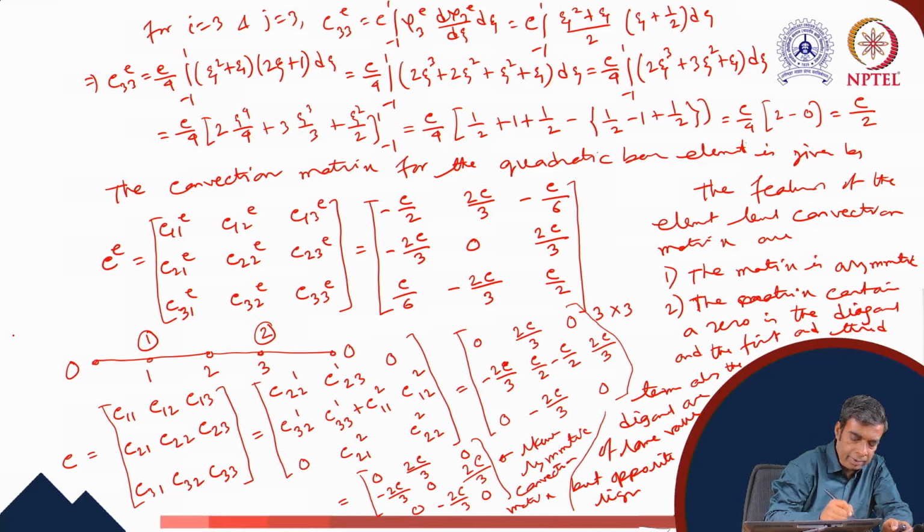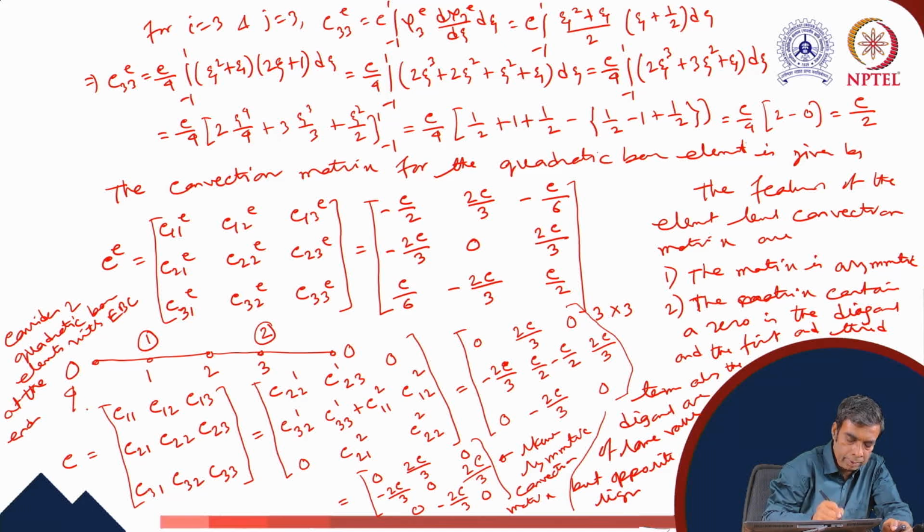So we considered here, just to write more details: consider two quadratic bar elements with EBC at the ends. So these are capital P or global equation numbers.